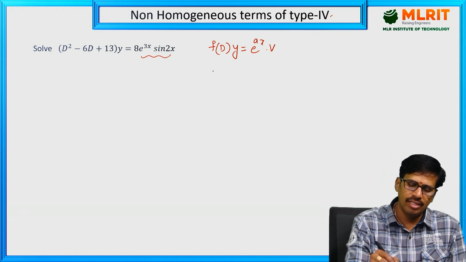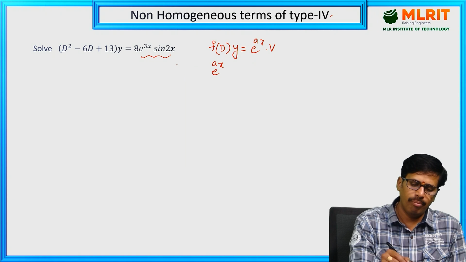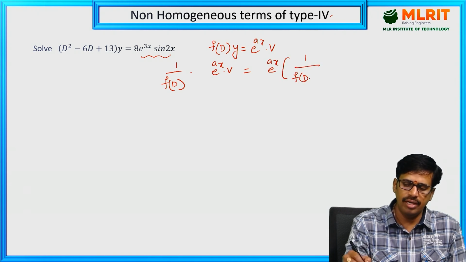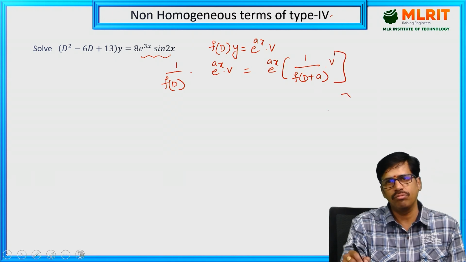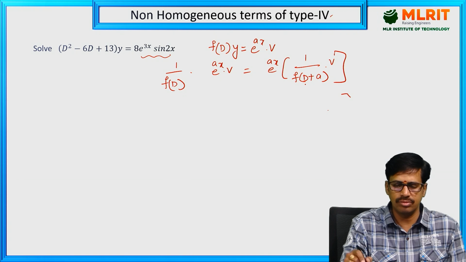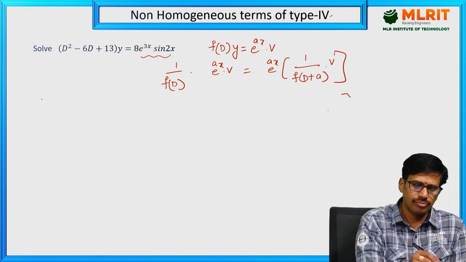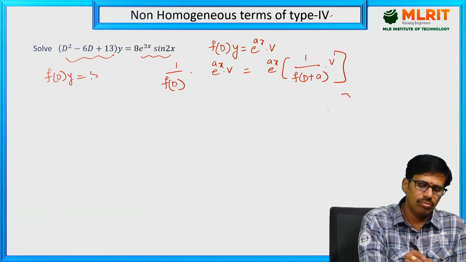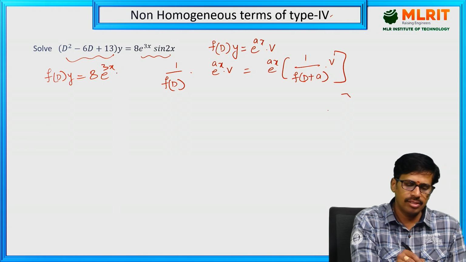So we write e power x first, then replace D with D plus a in 1 by f of D into e power x into V. Now this will be converted into one of the previous two methods. Now let us see this. This is in the form f of D into y equals 8 e power 3x sin 2x, right?